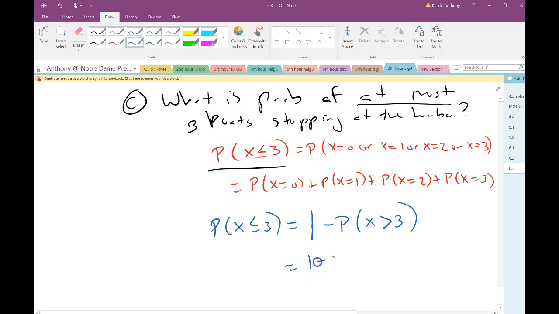Well, in this case, what are the things that are greater than 3? There's only 4 boats on the river, so it's just 4. Oh, well that's pretty easy.